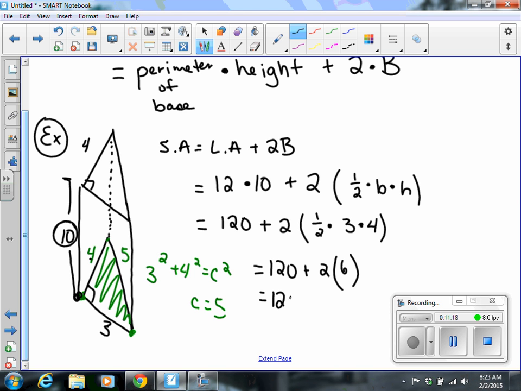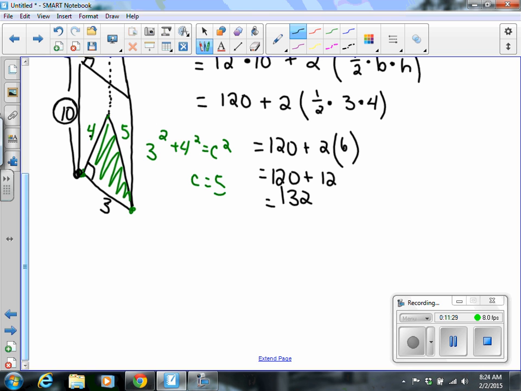So I've got 120 plus 12. And my final answer is then 132. You need to have a unit. In this problem, we don't have any type of unit, so I'm just going to leave it as units squared. Because we're talking about surface area, our units are squared.